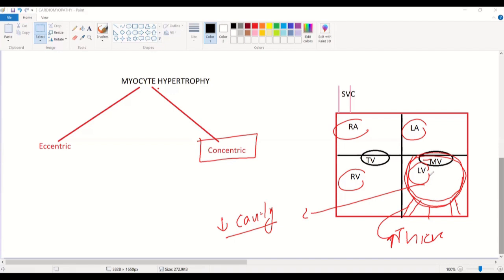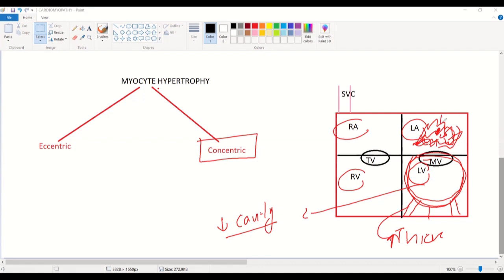What will happen if the filling is impaired? Yes, so there will be a problem with the end diastolic volume, because the blood is insufficient. Blood is accumulated in the atrium, right?